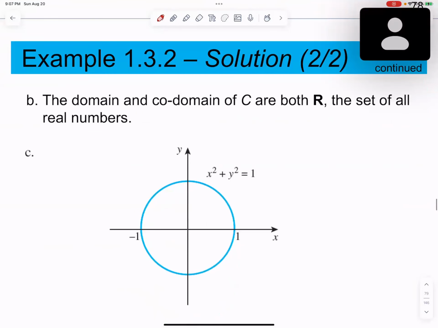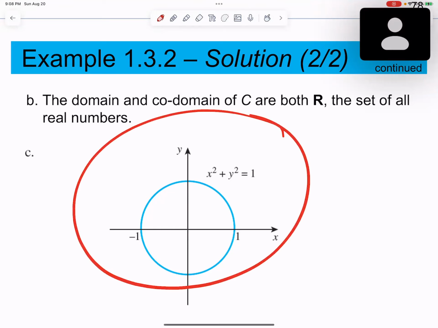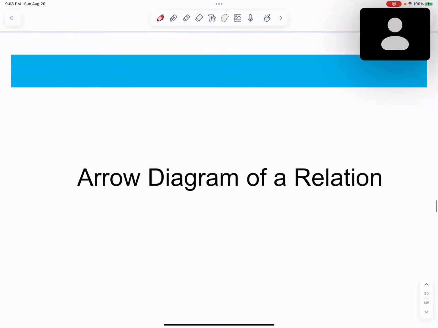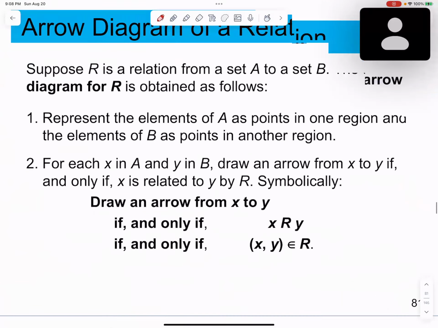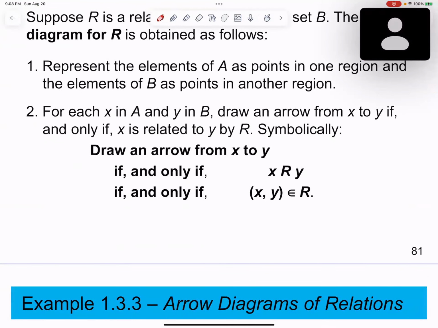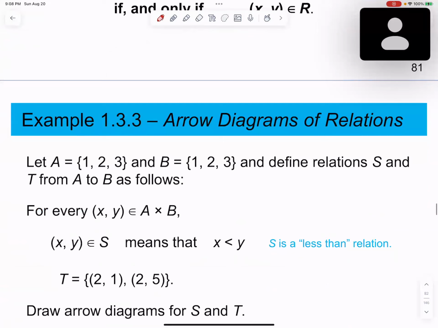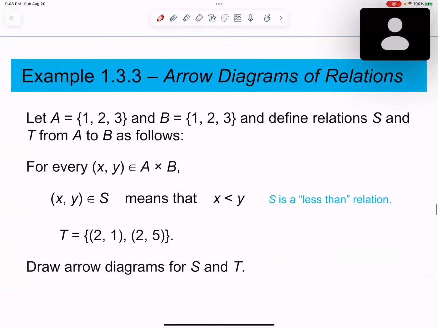Okay. And then I'm skipping some. So when you see something like this, it is the equation of a circle of radius 1. All right. So let's have another relation.